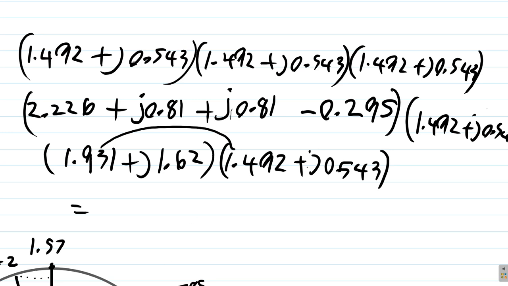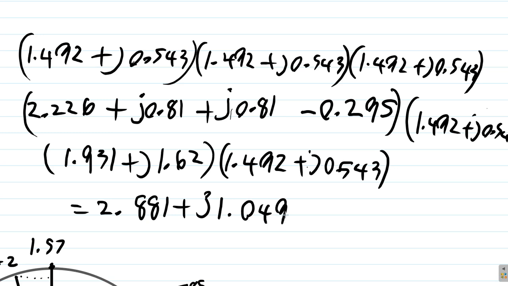So multiply now. 1.931 times 1.492 is going to be 2.881, plus j 1.931 multiplied by 0.543 will give us 1.049, plus this time 1.62 times 1.492 equals j 2.417.